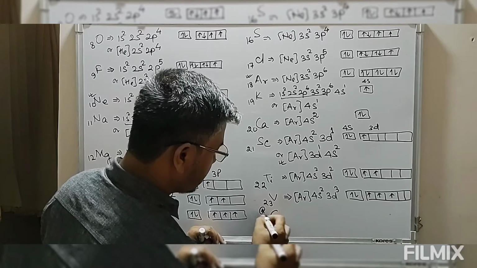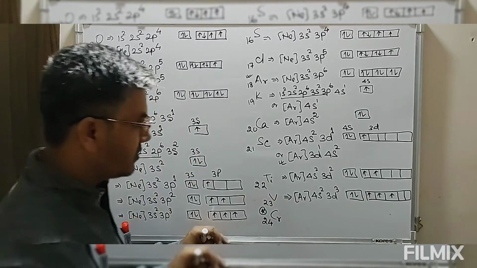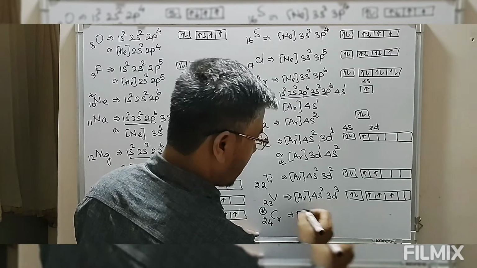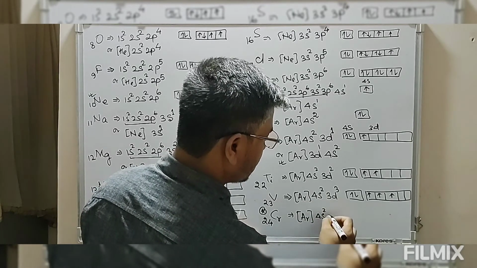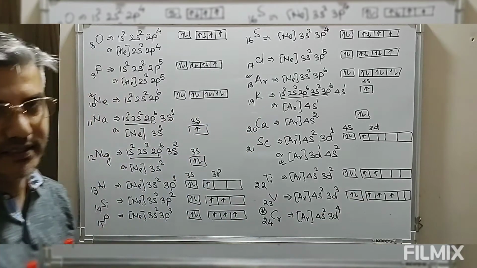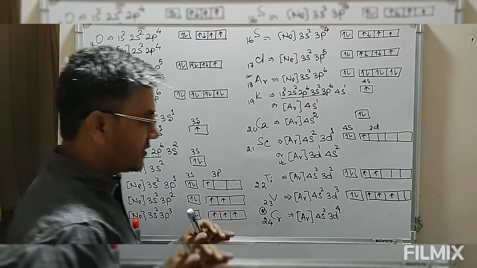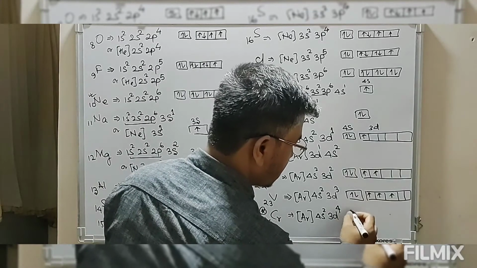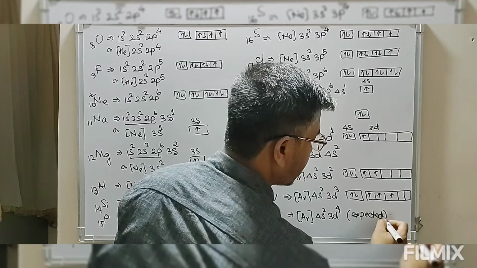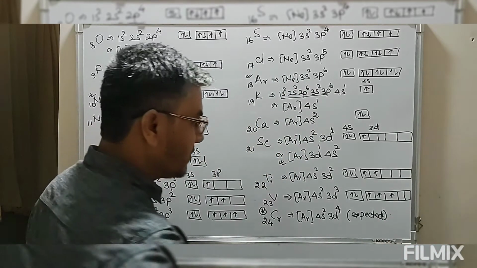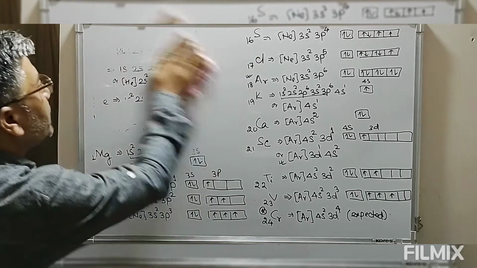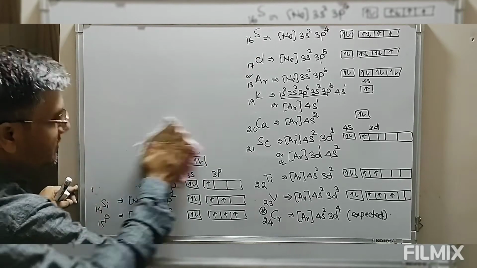Please mark this, atomic number 24, chromium. We have argon 4s2 3d4, that is as expected. The expected electronic configuration of chromium, atomic number 24, based on the Aufbau rule, is 4s2 3d4. But the actual electronic configuration is something different.